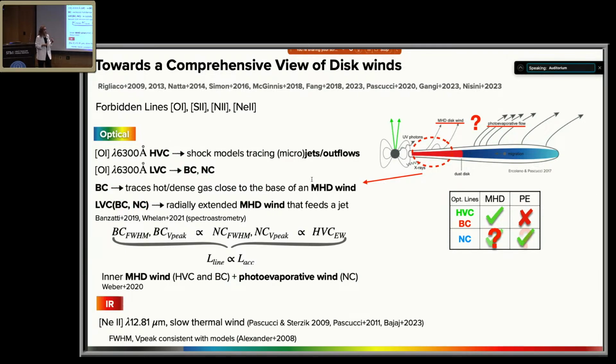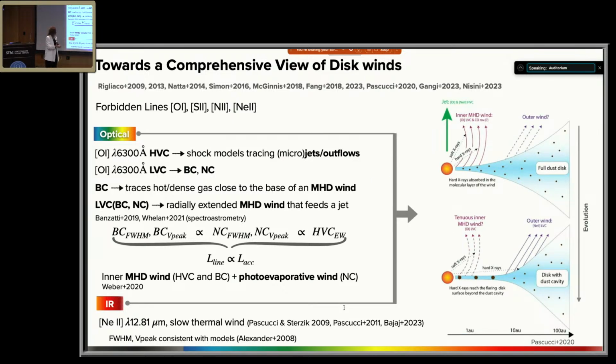So something that we can also do is go to longer wavelengths, the infrared, and look at the neon 2 line at 12.8 microns that Nicole was also talking about. This line has also been widely studied. It also traces a slow thermal wind, and there are a lot of efforts on this line in works by Pascucci and collaborators.